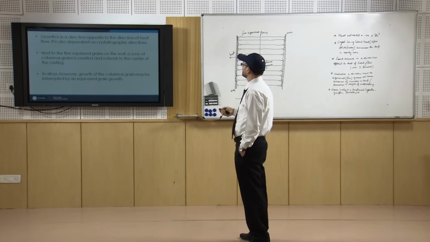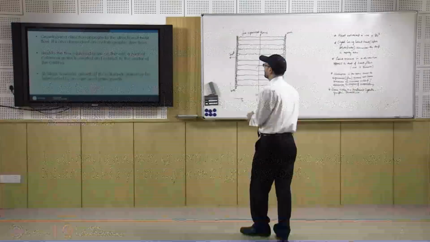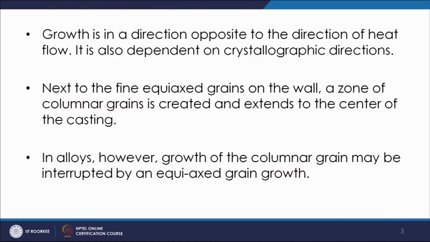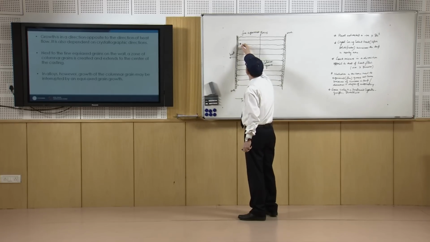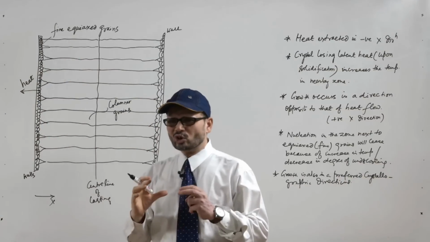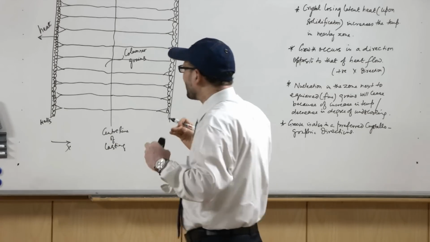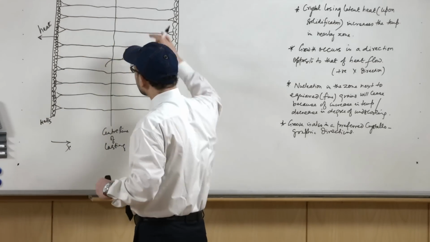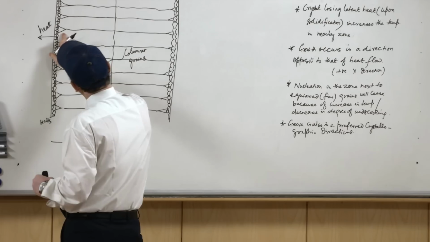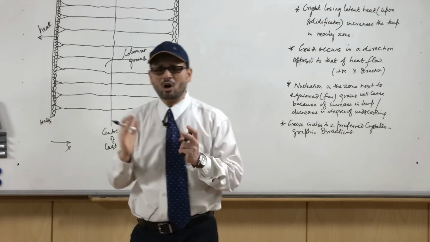So, what we see is next to the fine equiaxed grains on the wall, a zone of columnar grains is formed. Now, what we see is in this we may think of having this structure. The growth may try to grow in all the directions, but being this as the predominant direction, mostly the growth in other directions is pinched off.